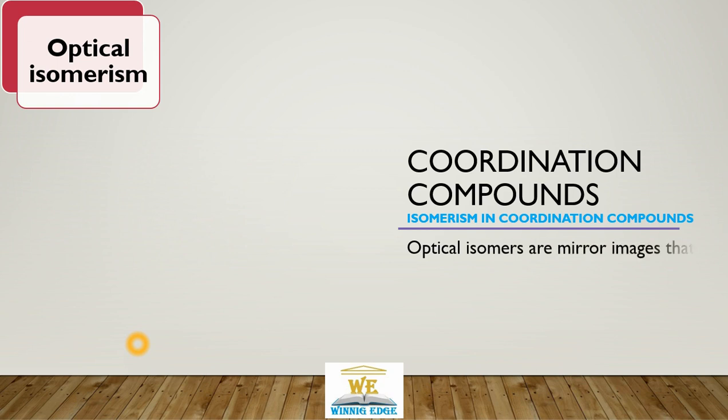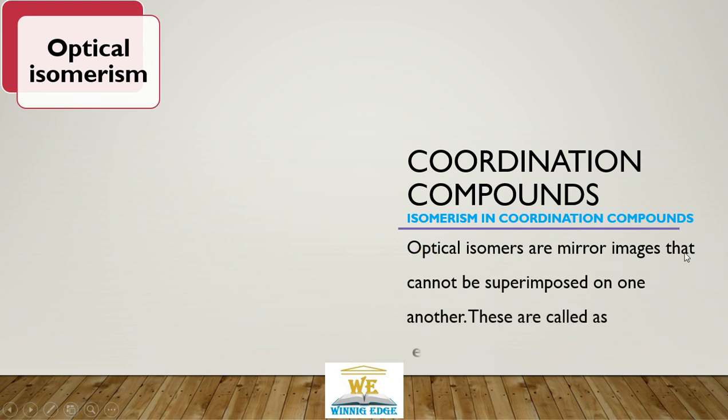Another category of isomerism is optical isomerism. So optical isomers are mirror images that can't be superimposed on one another. These are also called enantiomers.